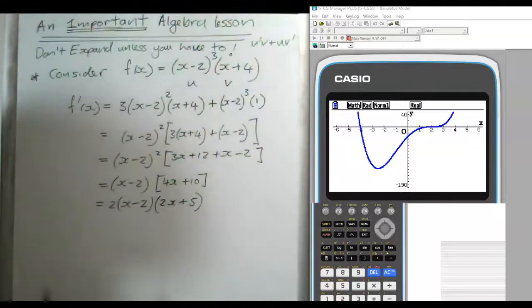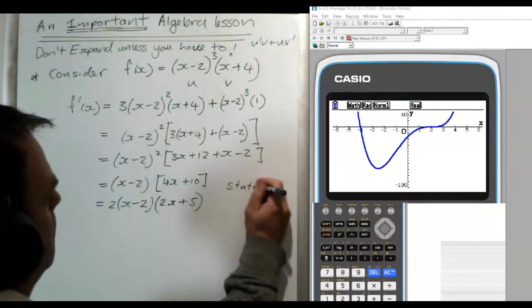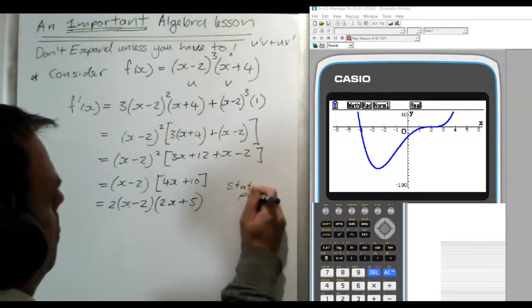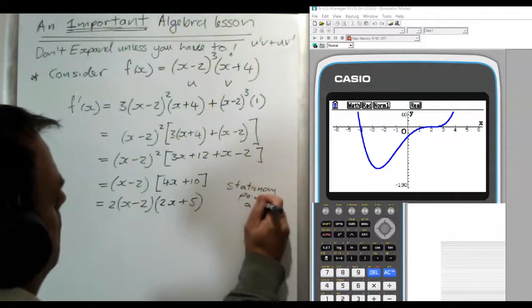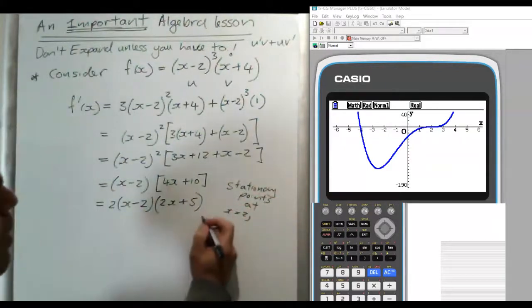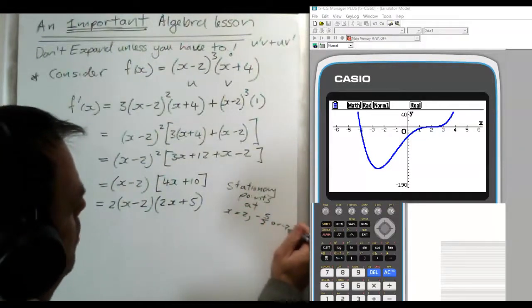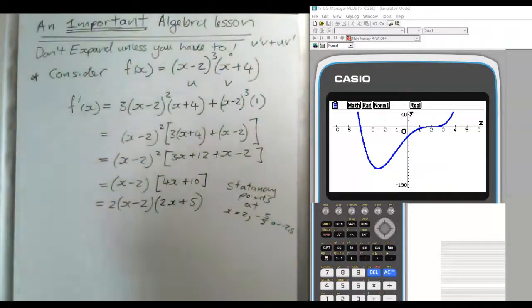Now given this is f dash of x, this would mean we have stationary points at x equals 2 and x equals negative 5 over 2, or negative 2.5. And if you go over there, you'll see here's the one at 2 and here's the one at negative 2.5.